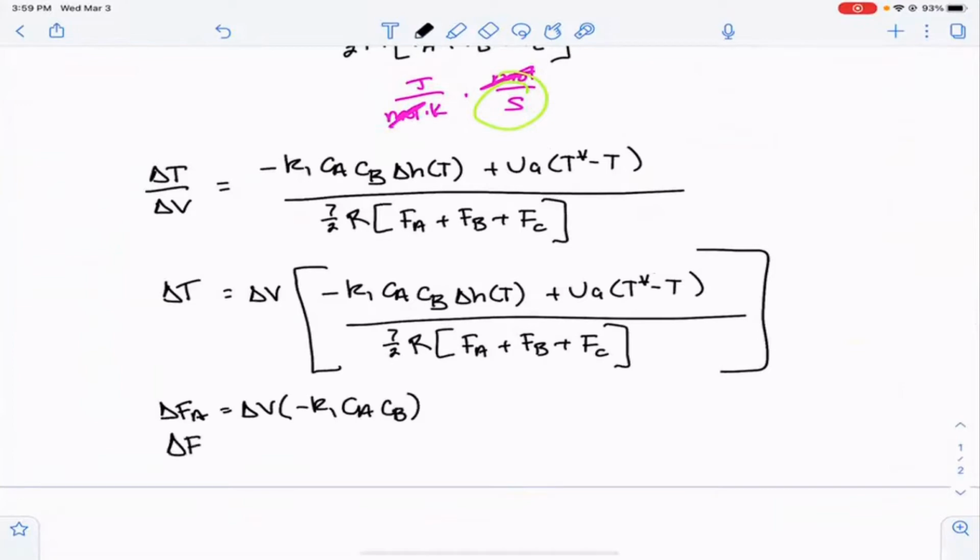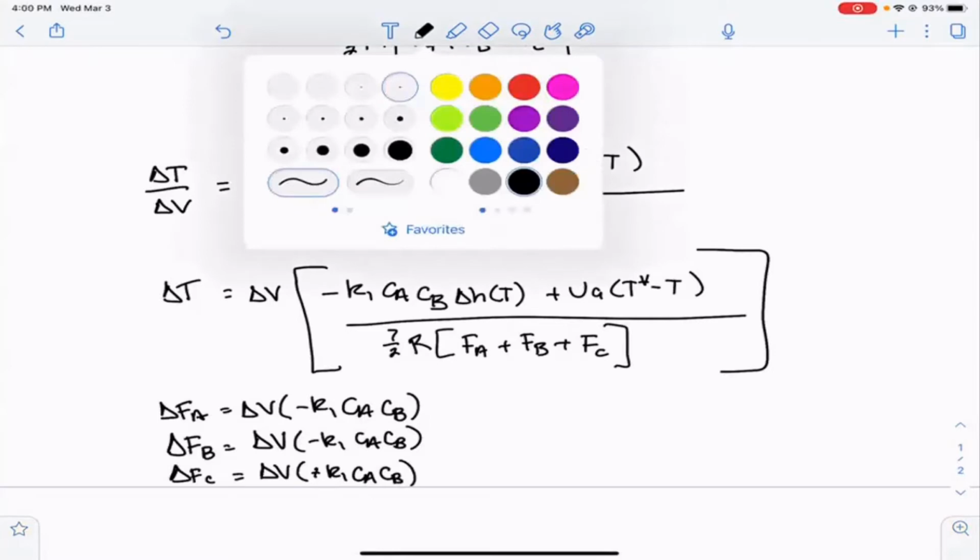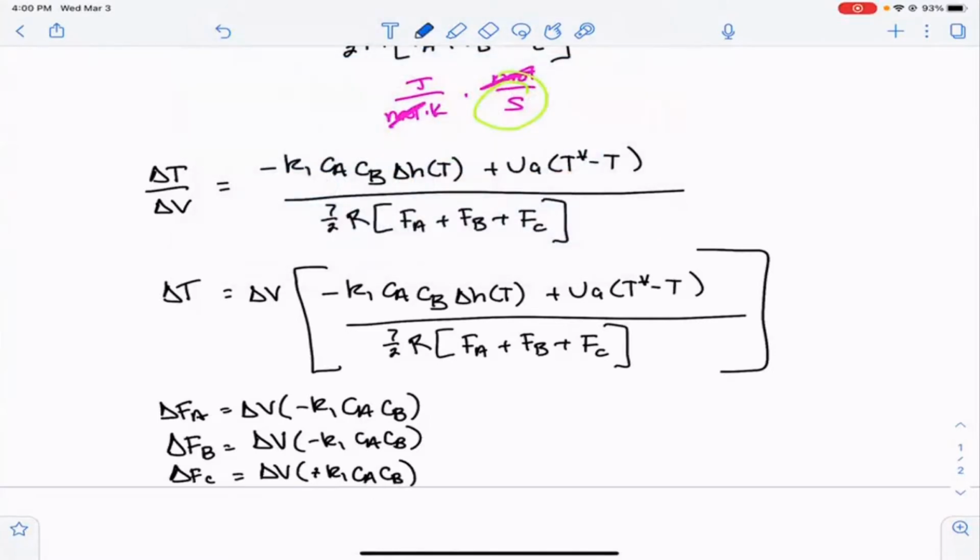We know that delta Fb equals delta V times minus K1 times Ca times Cb. And delta Fc equals delta V times plus K1 times Ca times Cb. I almost made a little mistake there. At first glance, this might appear to be a little bit uncomfortable for you because it doesn't look like things quite match.